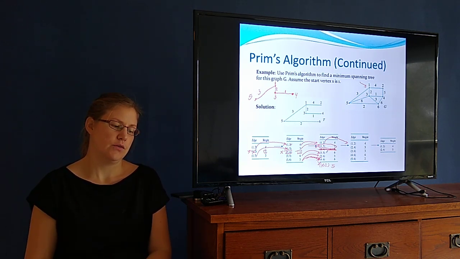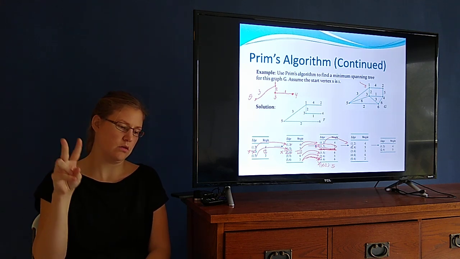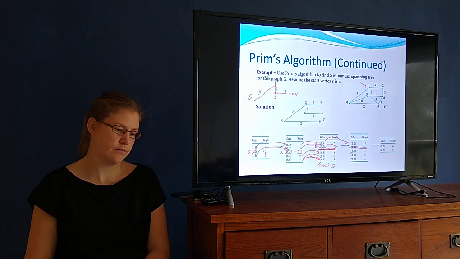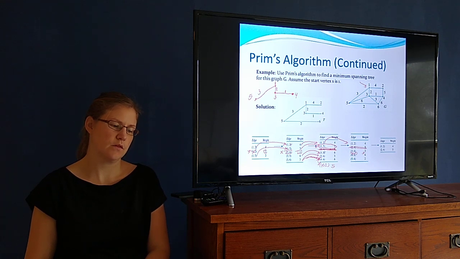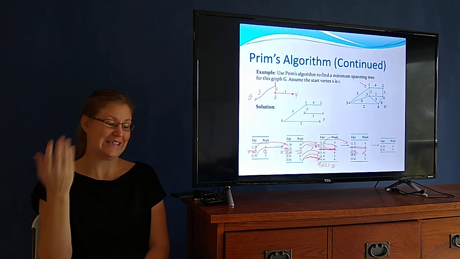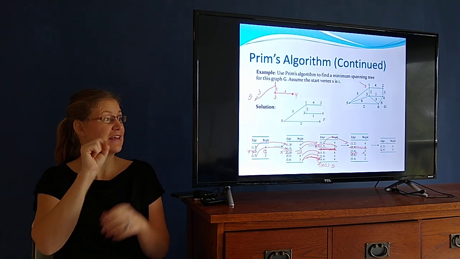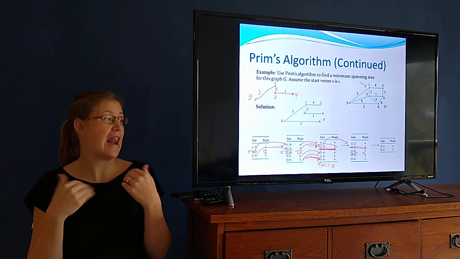So what we have here is 4 and 2, which is 5, and 1 and 2, and 3 and 5. Why is it removed? You can see here, because 3 and 5, both of them are now in our spanning tree. We cannot have it in our table.